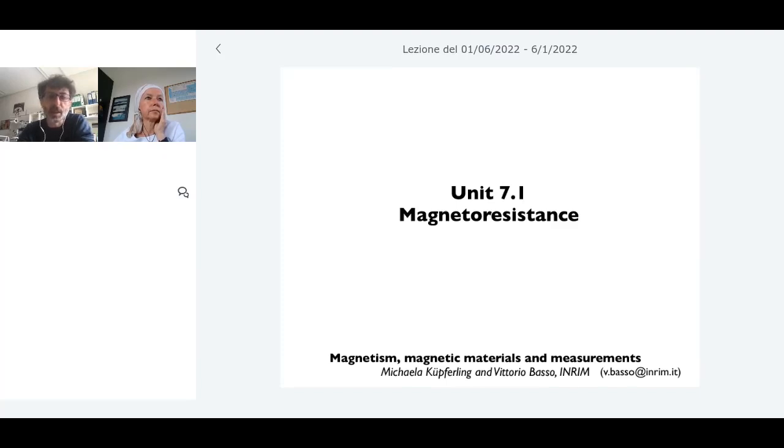In this first part, we do something which is, in a certain sense, preliminary, and also has to do with the fabrication of magnetic sensors and other kinds of applications. And in a sense, it's also the continuation of the overview of physical phenomena, in this case the electrical resistance, that are connected with the magnetic state.